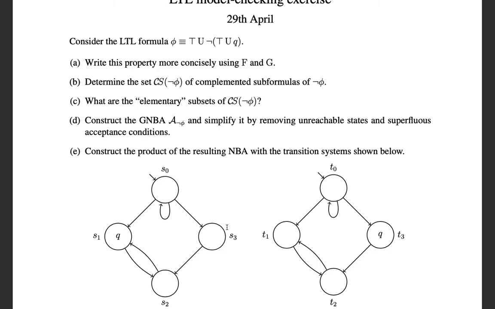One could perfectly well do it by hand and just have a look and basically see whether the formula is true in each of the two, along every run through each of the two transition systems. But instead, the purpose of the exercise is to help you understand the model checking algorithm, and this means simulating the model checking algorithm by hand.